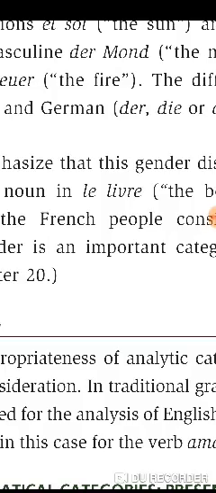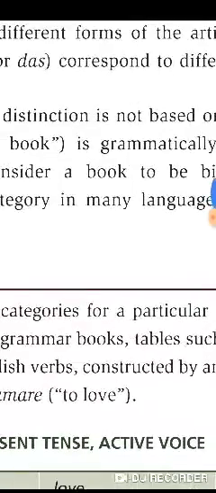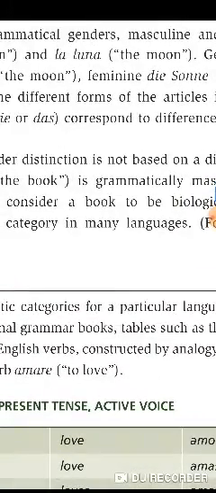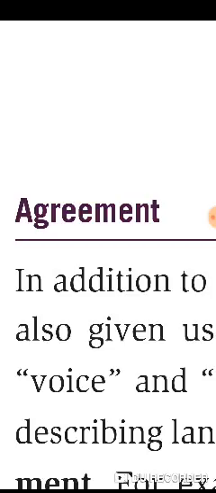People don't consider something like jama or al-maktaba as feminine, but the grammar does. Why? Because we have something called agreement in these languages, like Arabic.